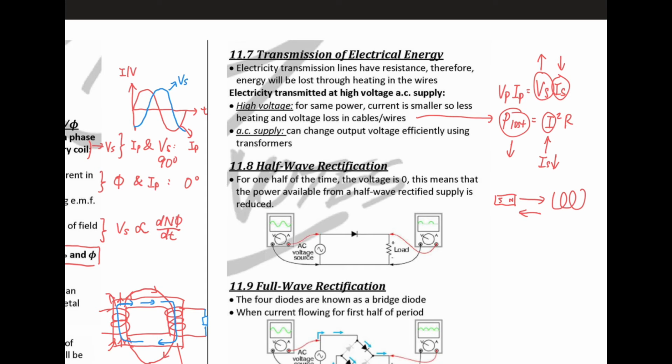Your house has plenty of sockets, and then you use a plug and connect it to your electrical device like a TV, or maybe you want to charge your handphone. The problem is, most of the electrical devices that we use cannot take alternating current, so they have to take direct current.